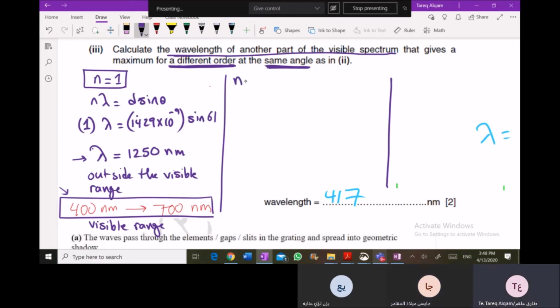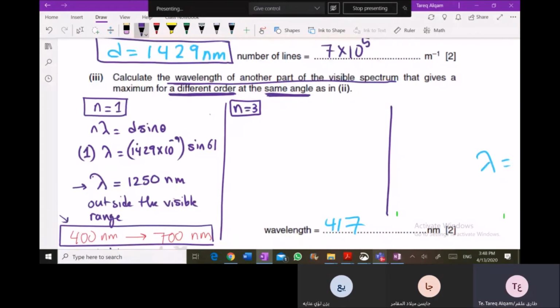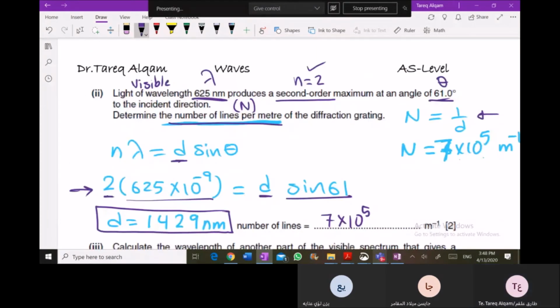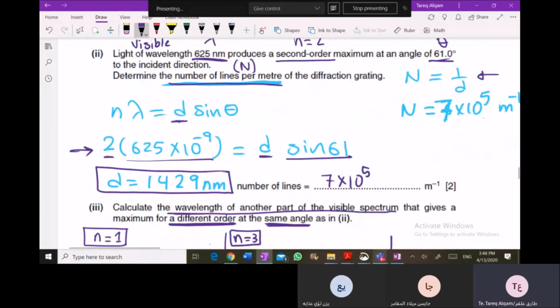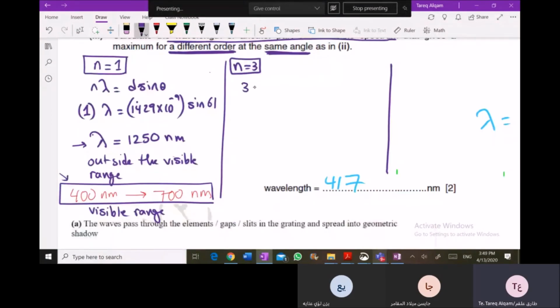Now I will change the order. I will take the third order, not the second order, because the second order is already taken with the previous part. Third order, 3 times lambda. Guys, this will not change, right?